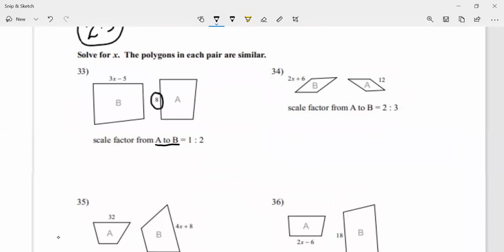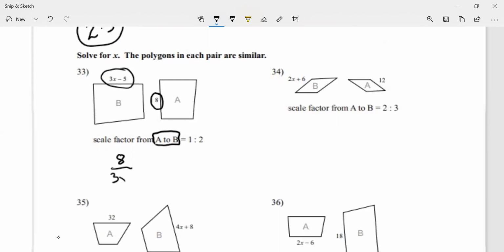Let's look here. It says A to B. So I'm going to choose the value of A first. A is corresponding with 3x minus 5. In this case, let me write this as a fraction. 8 over 3x minus 5.